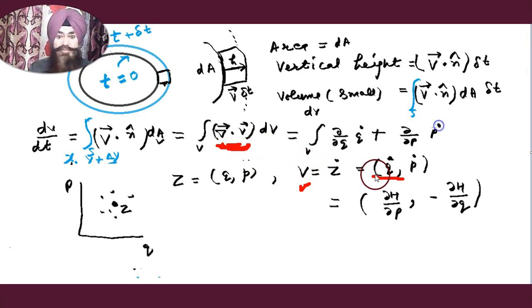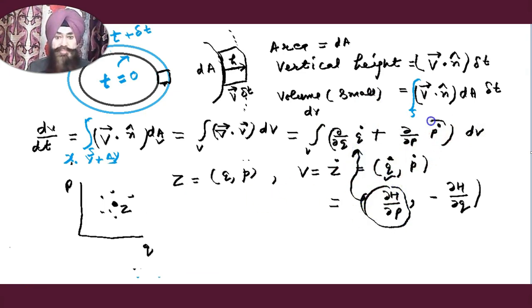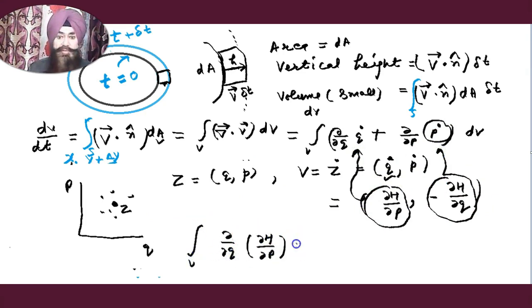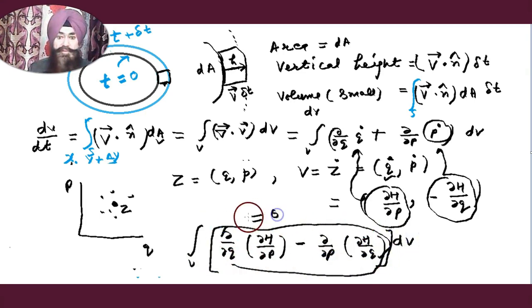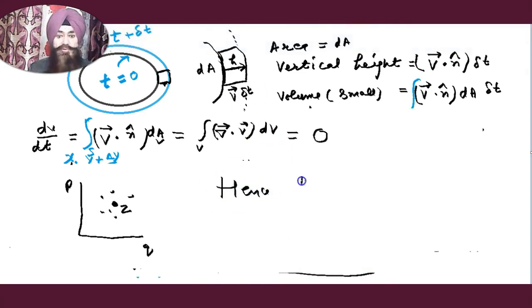Now substituting here Q dot and P dot from this relation, writing here the values of Q dot and P dot, it comes out equal to 0.